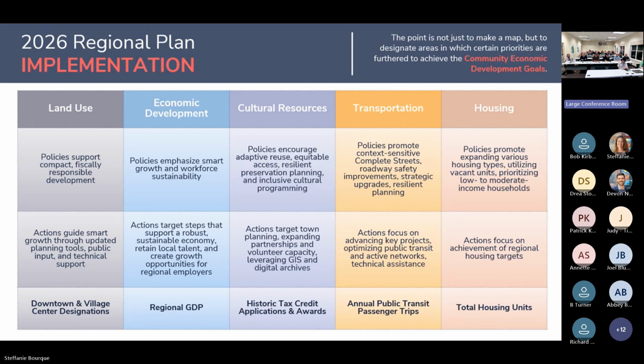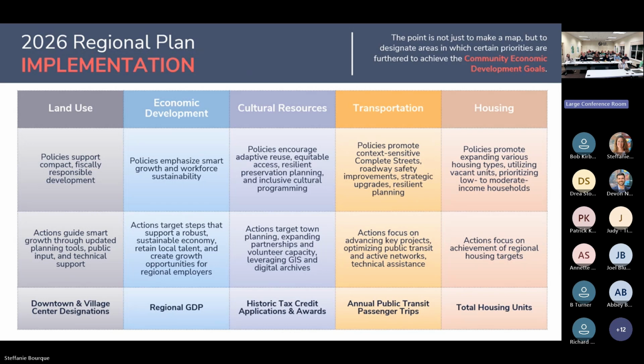For the land use chapter, we have policies that support compact and fiscally responsible development. We have actions that guide smart growth through updated planning tools, public input and technical support. And then for all of our topical chapters, we have a multitude of indicators of progress, but the one that we're going to report on in an annual report card is listed at the bottom here.